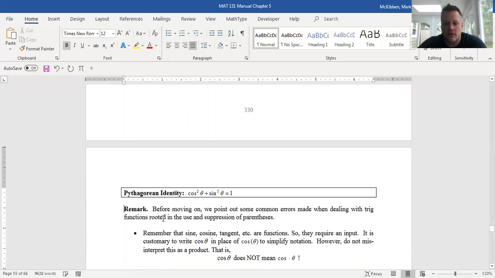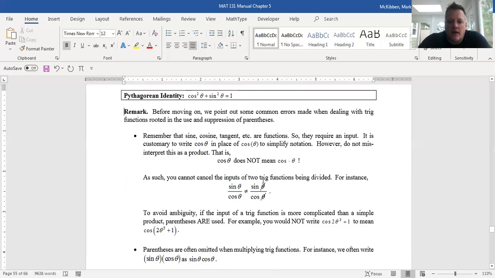Here are some typical errors I see made often, and it's because people oftentimes don't think about what the cosine is doing. When I say the cosine of theta, I typically suppress the parentheses, but it doesn't mean they're not there. Cosine of theta is a function, so you're taking a function of theta.